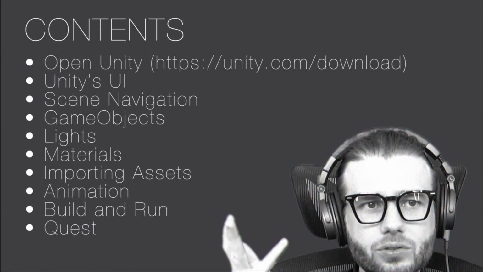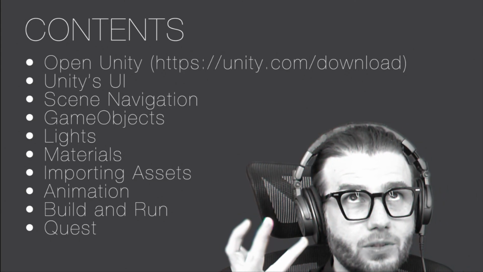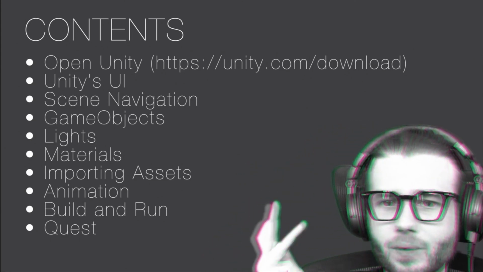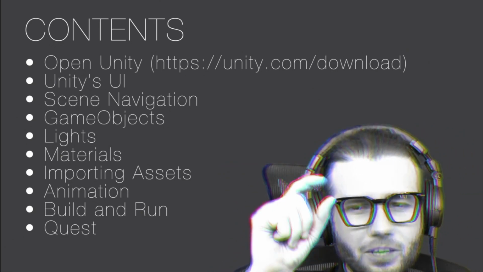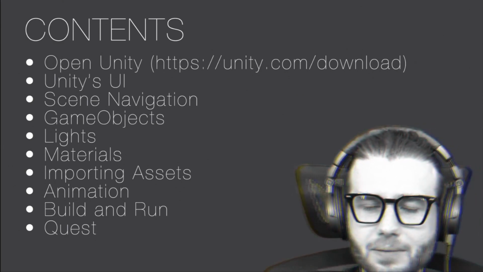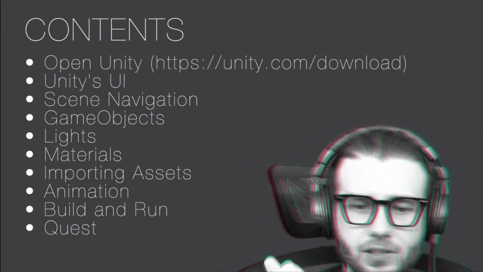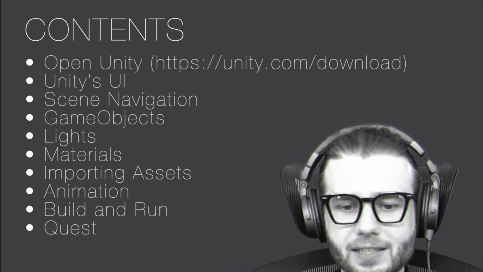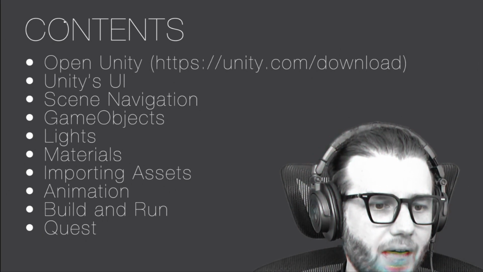Remember, it's good to take the latest LTS. You can already play around with Unity 2021, but the latest LTS is 2020. 2020 and 2021 are very similar. The navigation bar looks a little bit different, but the rest is very similar. We looked at the user interface, scene navigation, game objects, lights, materials, importing assets, animation, and build. And we also looked at how to build and run your app.